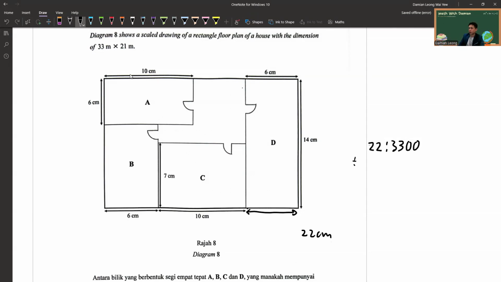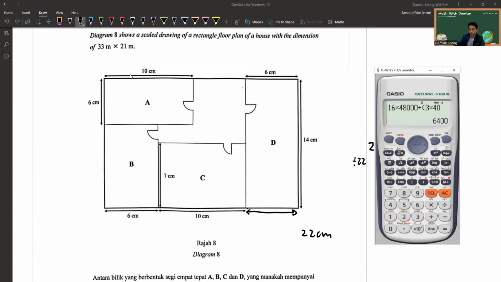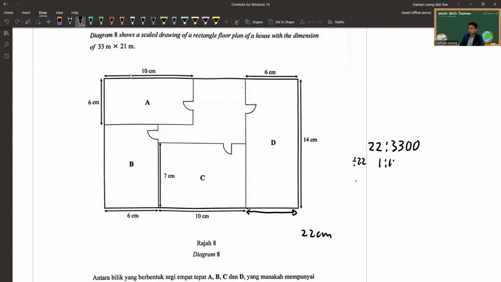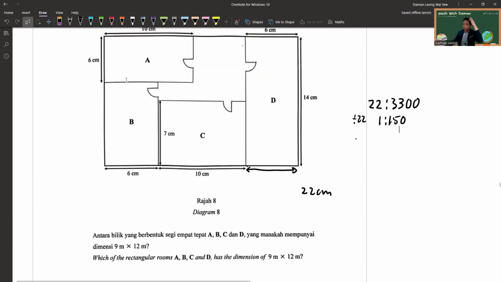Then I divide by 22, which means the scale is 1 to 3,300 divided by 22, 150. Yes, 1 to 150.